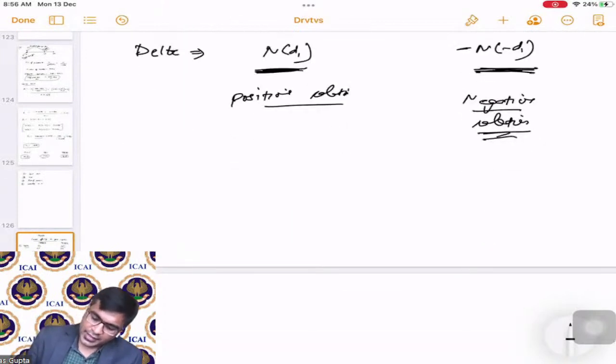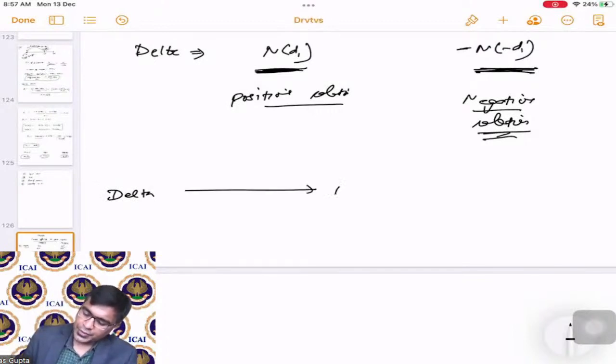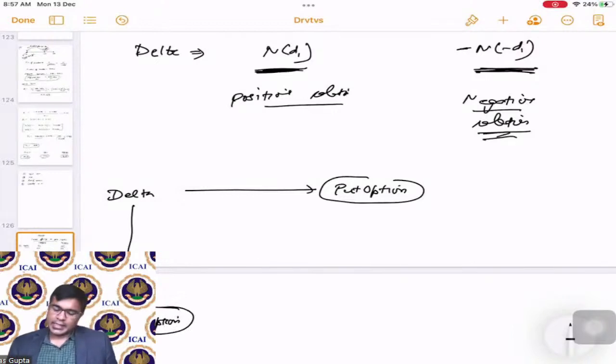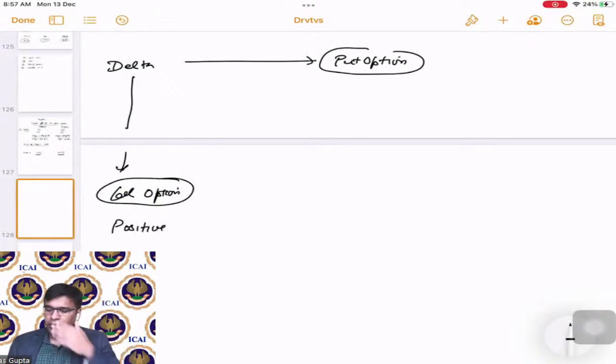So what we are saying here is, if you see delta in case of a put option and in case of a call option, for a call option it is positive.